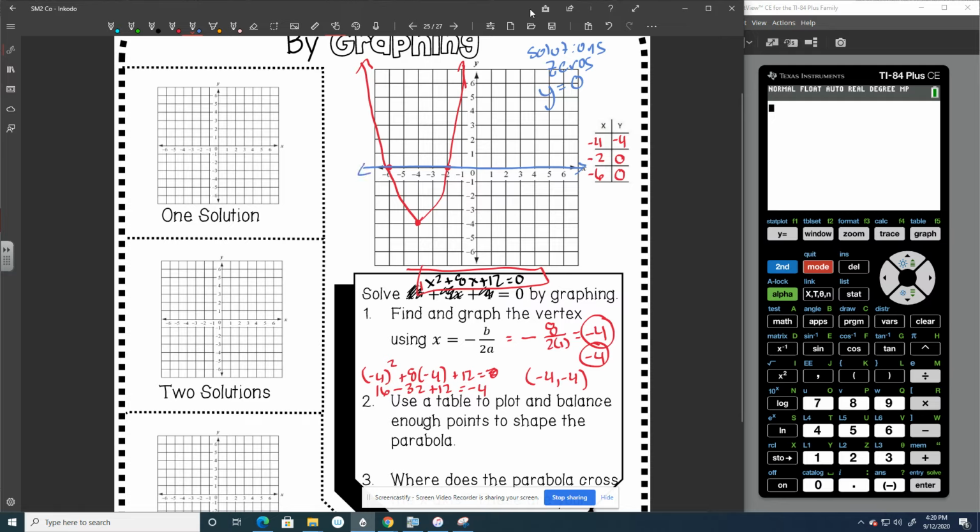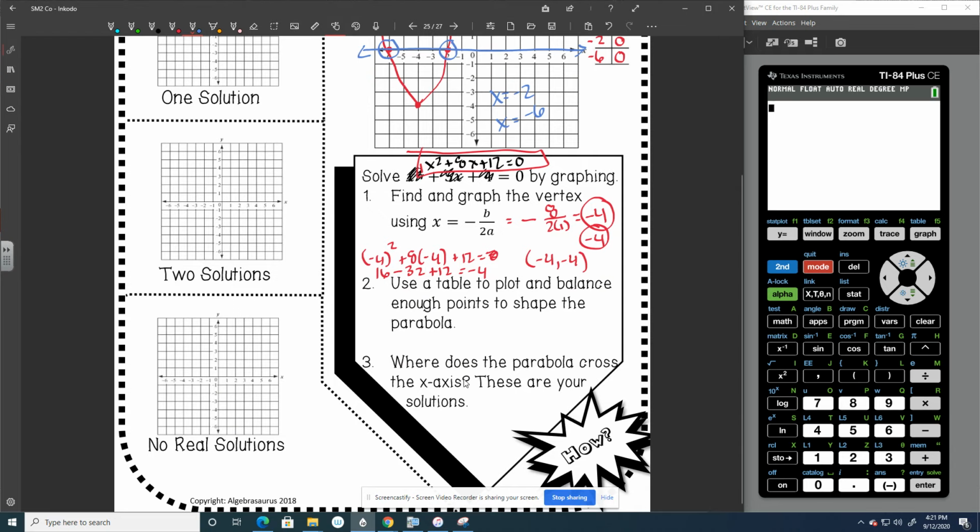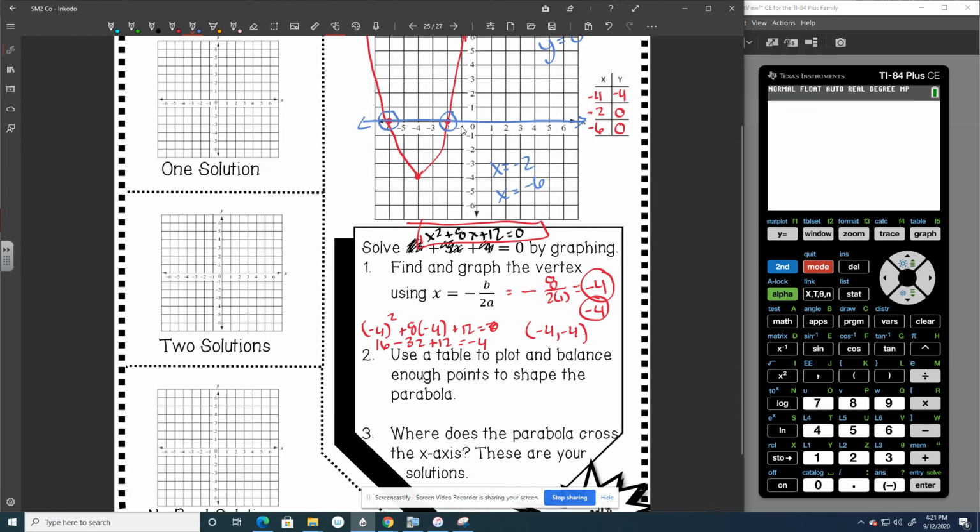So my solution is going to happen right there, and my solution is going to happen right there, which I've actually already found on accident. We plugged in negative 2 and negative 6 and found out that's when y equals 0. So my solutions are going to be x equals negative 2 and x equals negative 6. Those are going to be the solutions to my graph, because you're looking for where the parabola crosses the x-axis. That's your solution.